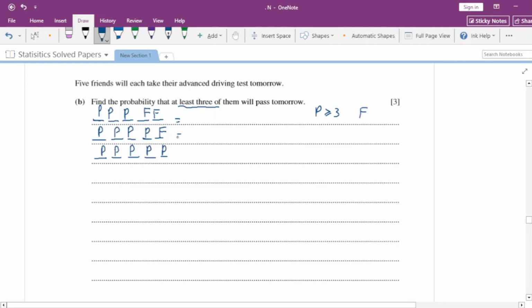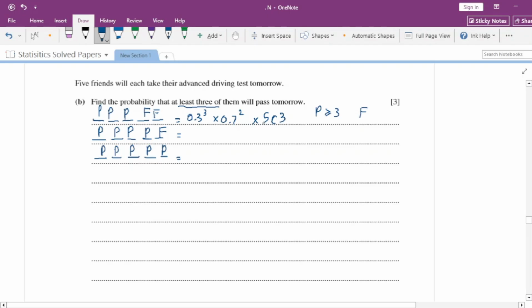So now we can find probabilities for each of these alternate cases. So 3 of them will pass. Probability of passing is 0.3, raised to power 3, basically 0.3 multiplied 3 times, into probability of fail, 1 minus 0.3, 0.7 raised to power 2, because 2 of them are failing. So 0.7 into 0.7. Now we're going to do another thing over here, and that would be 5 choose 3.